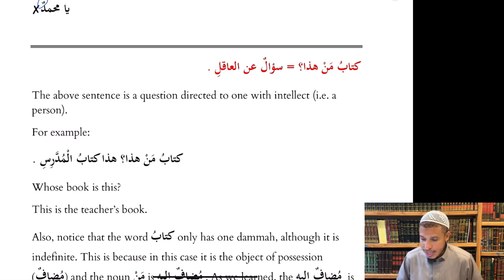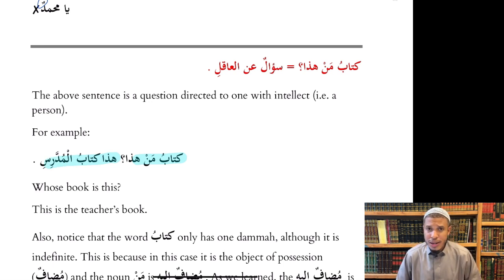For example, let's look at this sentence. كتاب من هذا. هذا كتاب المدرس. Let's highlight that.